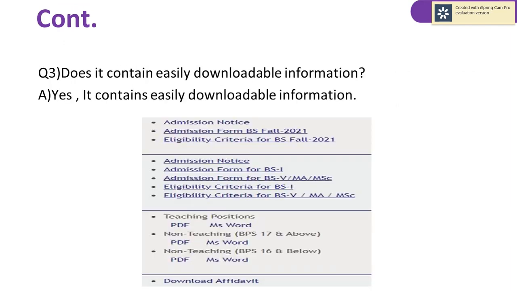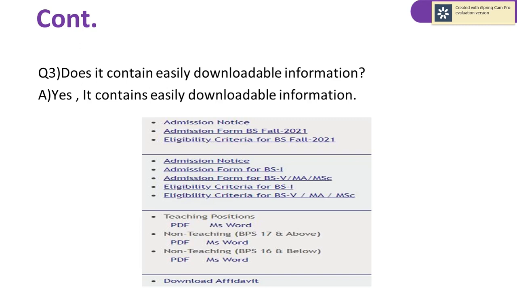Next we have the third question: does it contain easily downloadable information? Yes, it contains easily downloadable information. In the attached evidence picture there are several files which can be downloaded by the user.